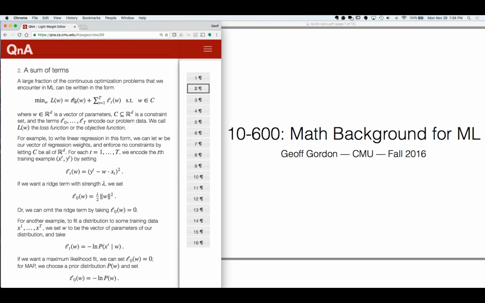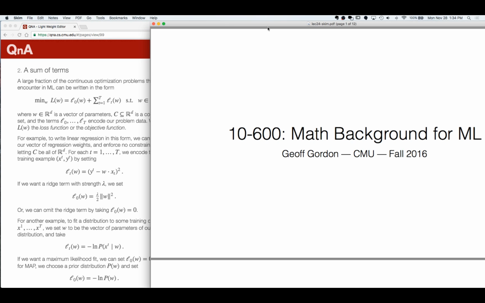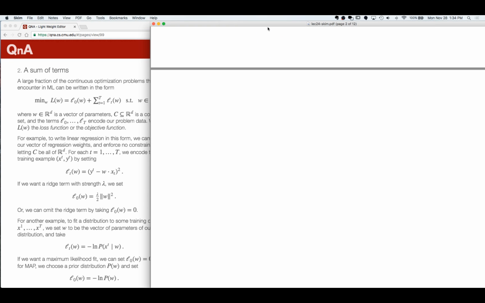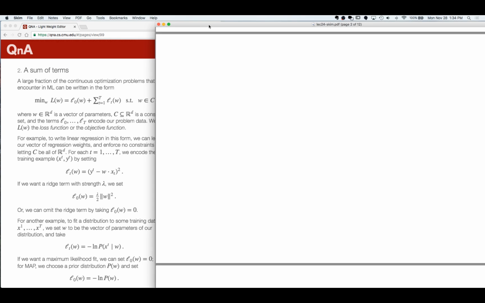In general, this optimization problem has our problem data baked into it. So LT of W could be something like this.